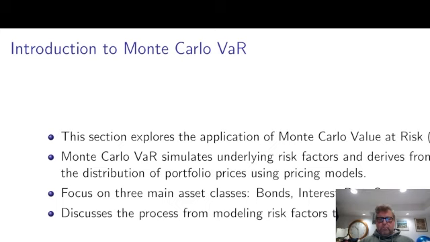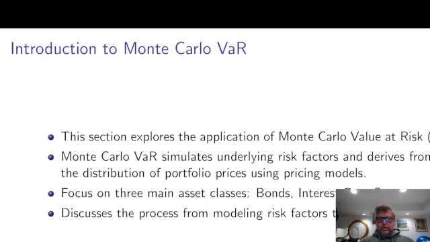And from these simulations, we derive a distribution of the portfolio prices by utilizing pricing models for the trades. Again, we'll focus on bonds, interest rate swaps, and FX products. And we also discuss the process of how we should model the risk factors to calculate value at risk.